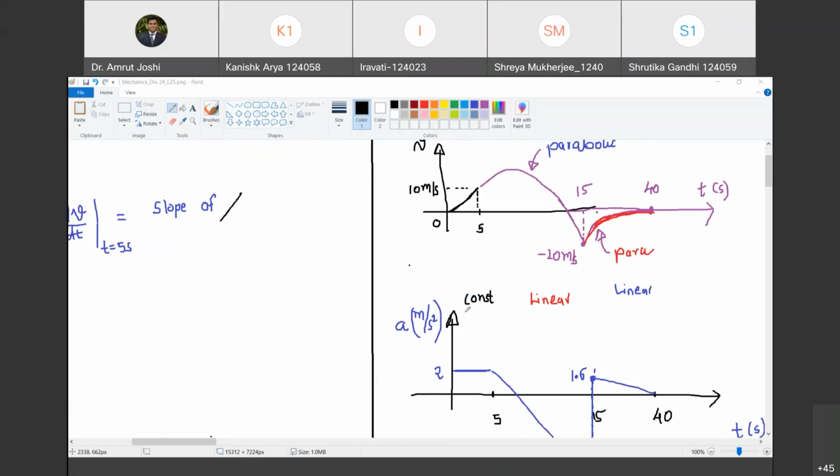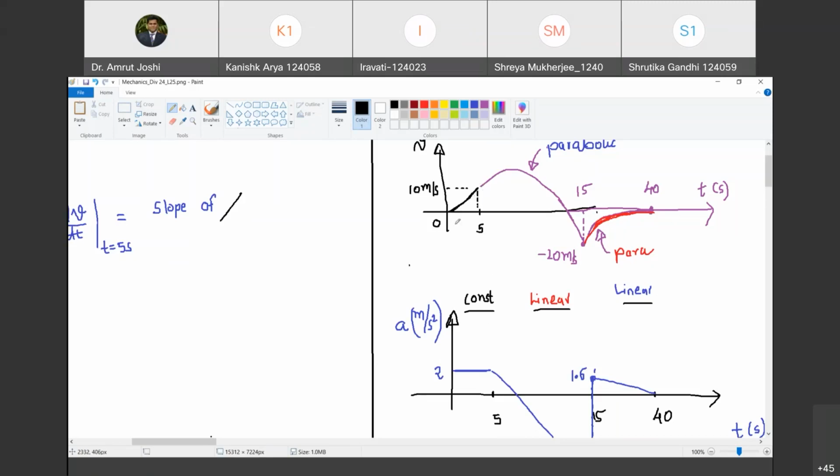So first I have observed these things. What are the things that I observed? As the velocity time diagram is varying linearly from 0 to 5 seconds, the acceleration time diagram will vary as a constant. Then in the remaining zone, as the velocity time diagram is varying as a parabolic variation of t, the acceleration time diagram will vary as a linear function of t. Are you with me? Yes, sir.